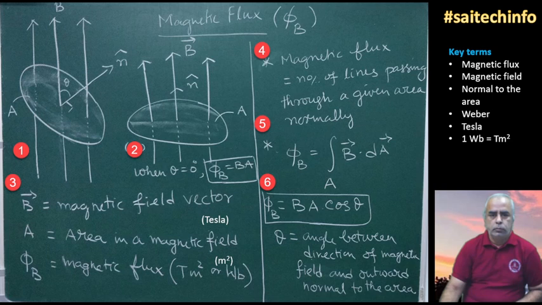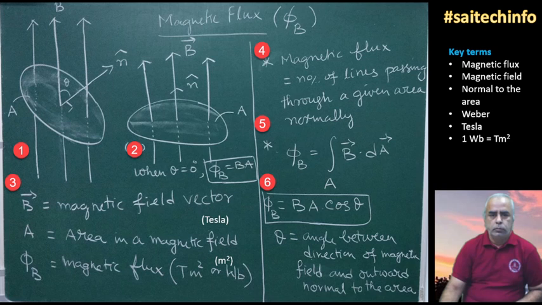These magnetic field vectors are represented as B vector here. So the magnetic field vector passes through the given area A. The unit of the magnetic field vector is Tesla.